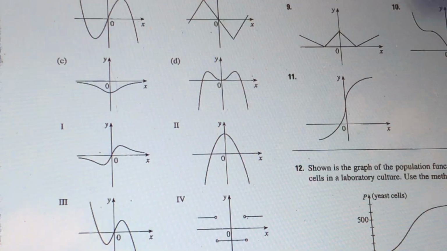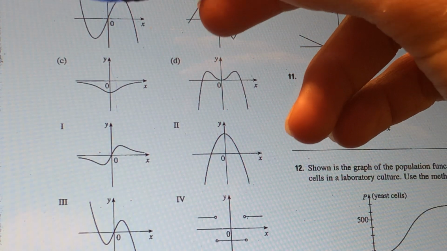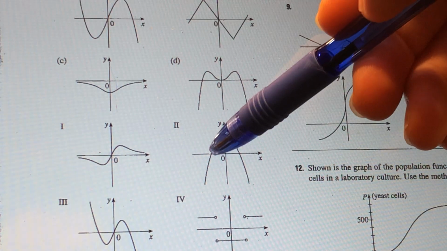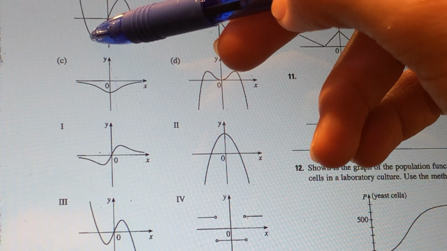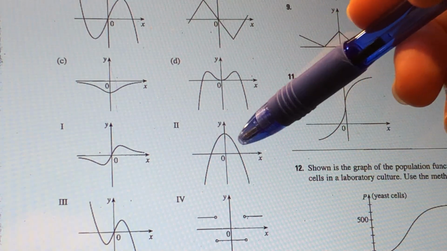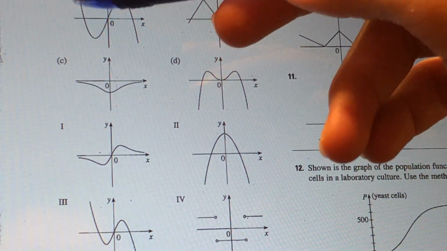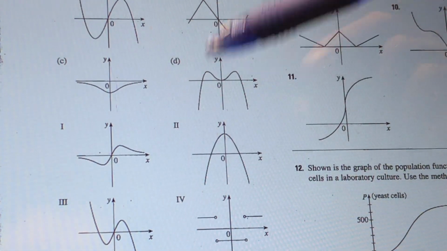In between x equals negative 2 and positive 2, you have a positive derivative, which you have here. So graph A goes with graph 2. A2, B4.